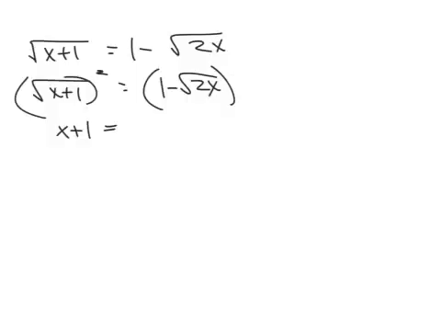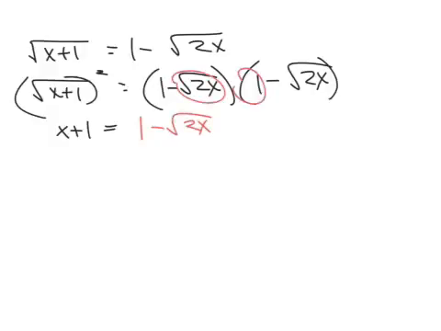So we have to multiply this by itself, like that. So the first one's 1 times 1 is 1. The outside, this one and this one, is negative square root of 2x, and then inside, this one and this one, my two last ones.